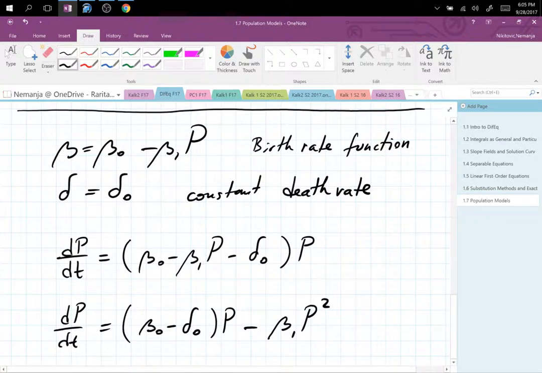So I combine the constants beta 0, delta 0, and multiply by P on the outside, and then minus beta 1 P times P is P squared.